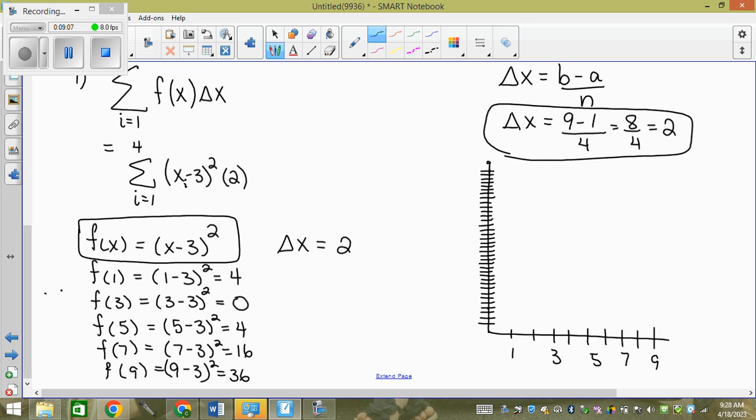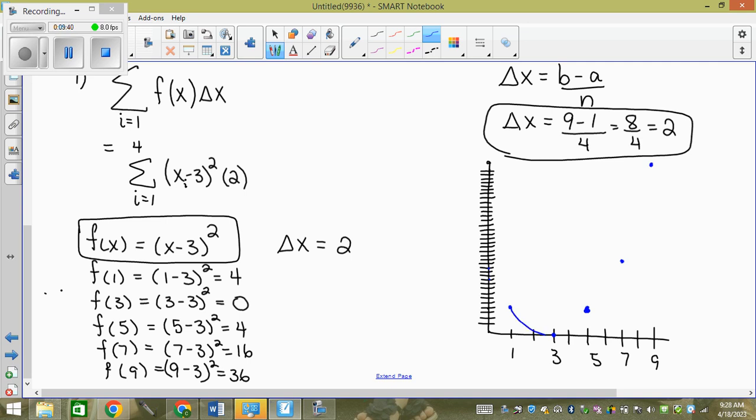Okay, so there's a real gap here. That's a bit of a problem. We'll just pretend it's there. So we have 1 and 4, 3 and 0, 5 and 4, 7 and 16. And then 9 and 36 is right here.